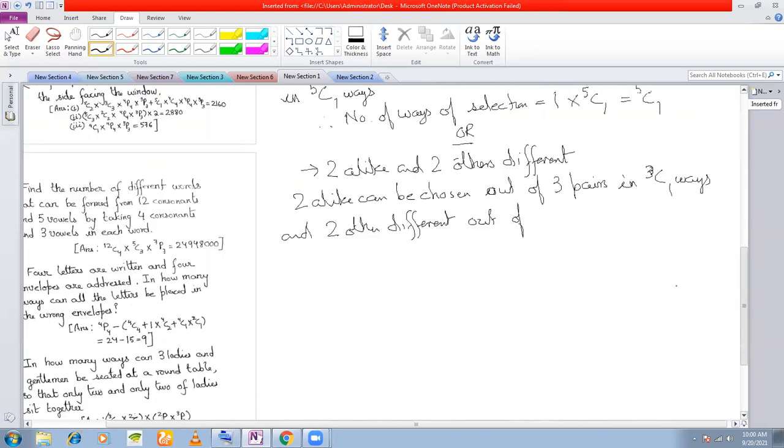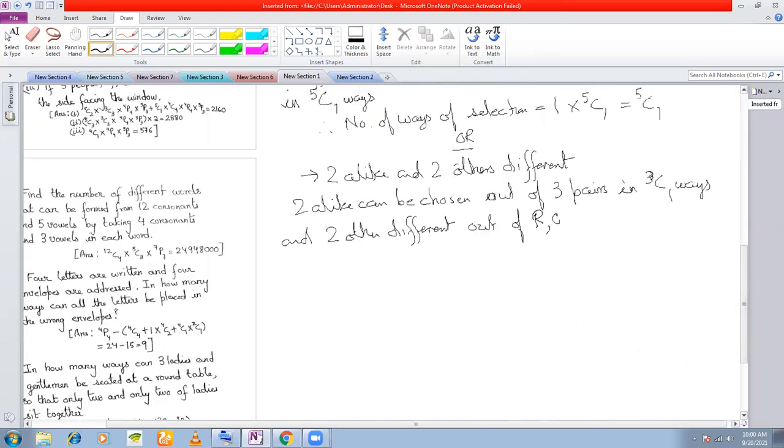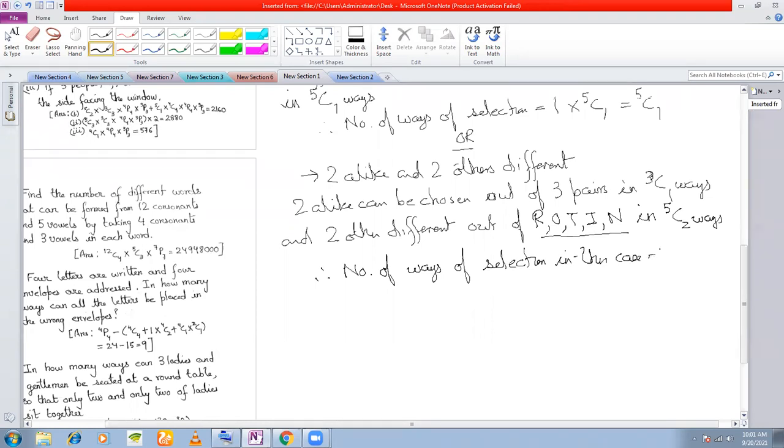R, O, T, I, N. Out of these, in how many ways? How many letters? Five. You're choosing two. 5C2 ways. Therefore, the number of ways of selection in this case is 3C1 into 5C2.